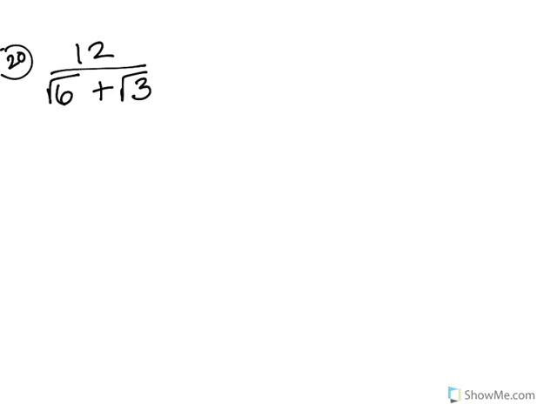What we going to have to multiply by? Square root of 6 minus the square root of 3. Very good. The square root of 6 minus the square root of 3. Does that make sense? Has to be the opposite of that sign on the bottom.